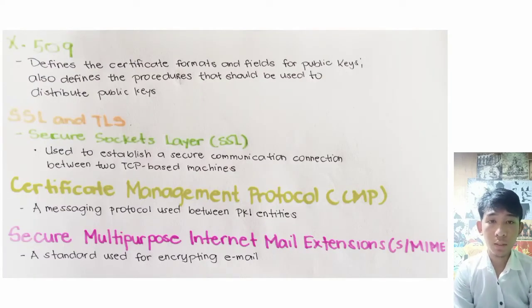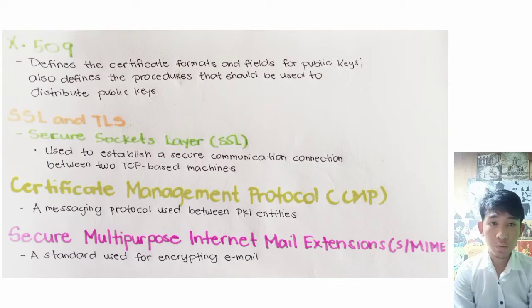Cryptography. X.509 defines the certificate formats and fields for public keys. It also defines the procedures that should be used to distribute public keys. SSL and TLS, Secure Sockets Layer: SSL is used to establish a secure communication connection to TCP-based machines. Certificate Management Protocol or CMP, a message protocol used between PKI entities.